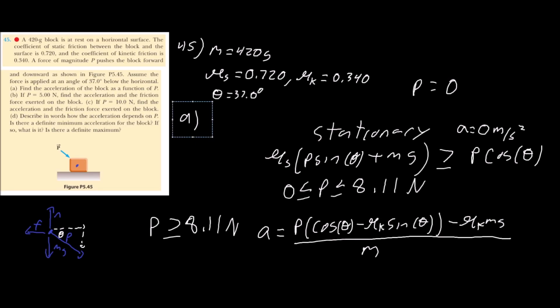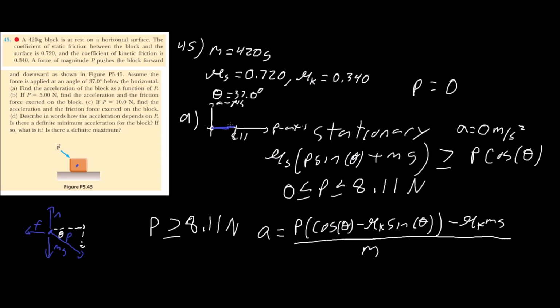Part A is find the acceleration of the block as a function of P. Well, I just did that. In fact, let's just graph this here. As the function of P, and this is going to be the a-axis, anything from 0 to 8.11 newtons, the acceleration here will always be 0.